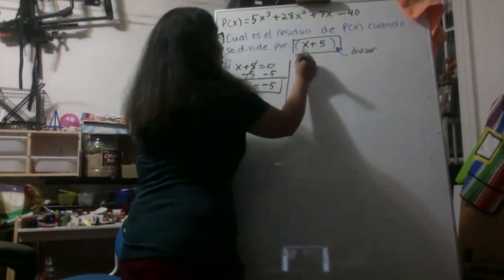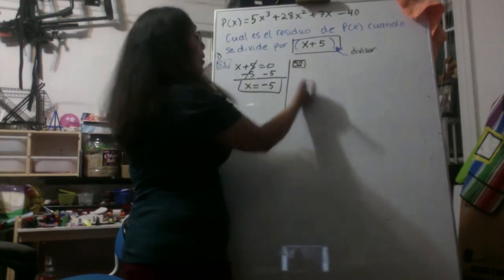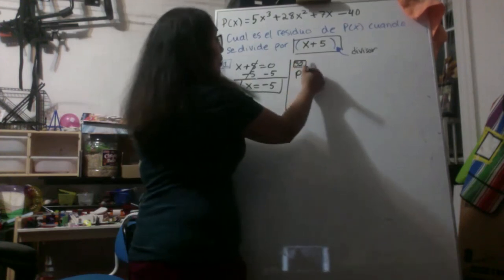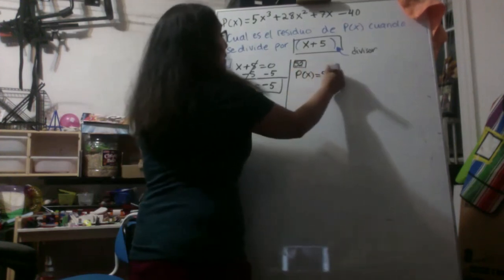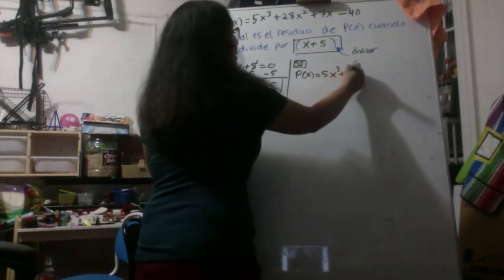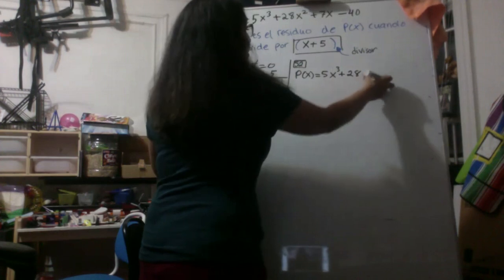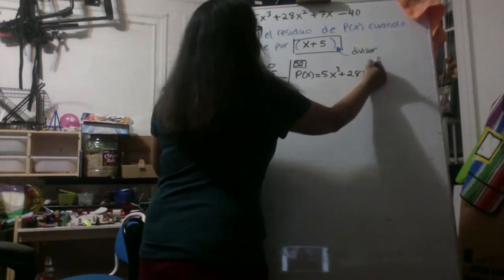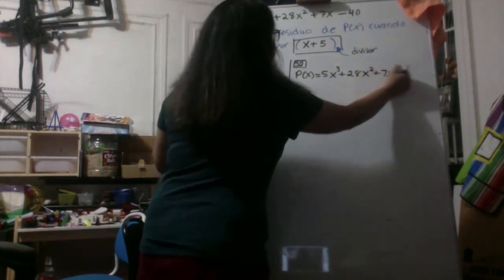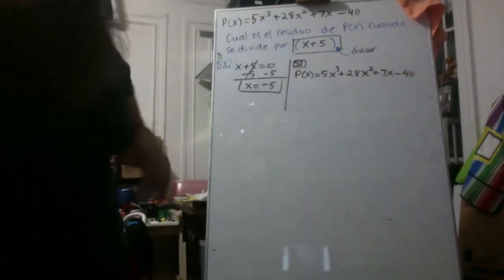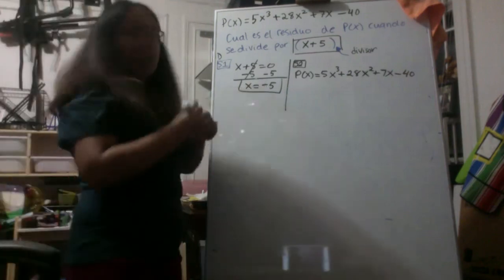Ahora, paso 2, step 2, voy a escribir el polinomio, así igualito como lo tenemos. ¿Ok? Y voy a reemplazar x por negativo 5.